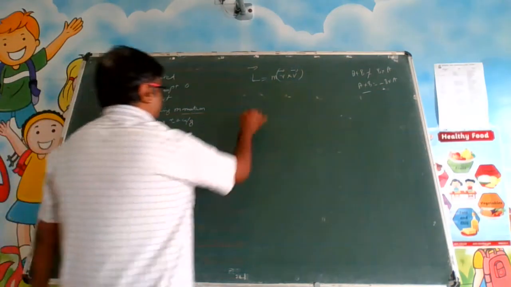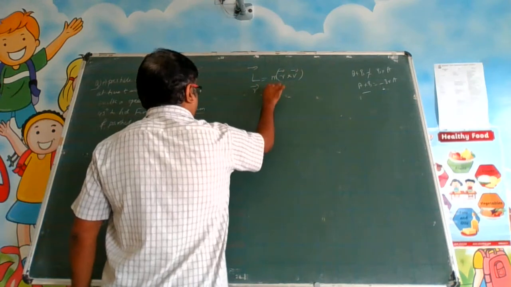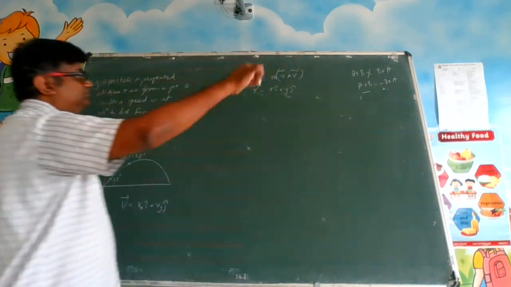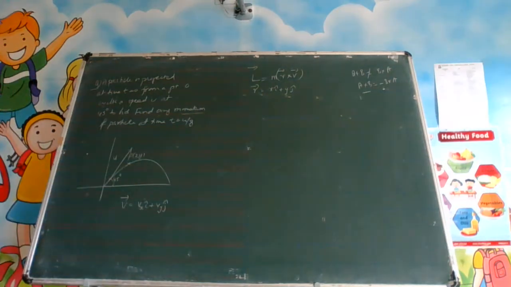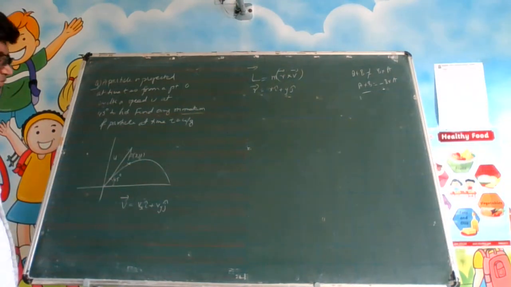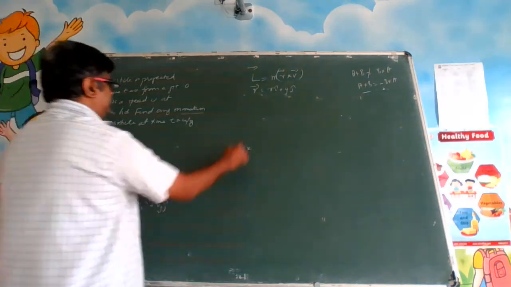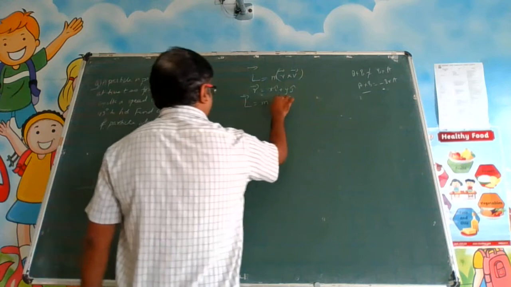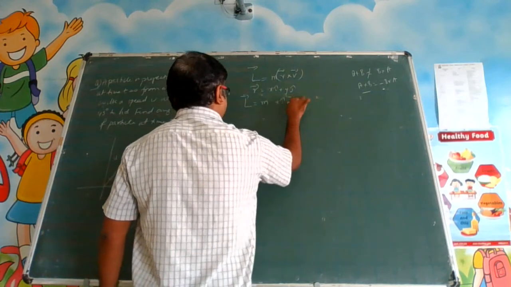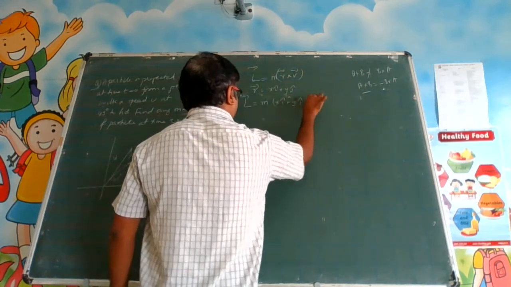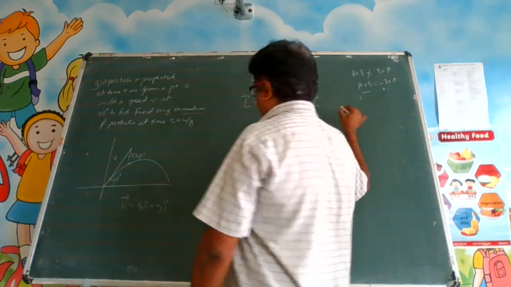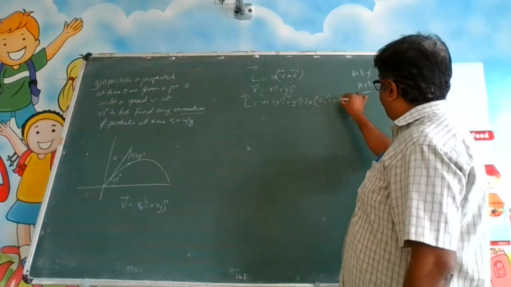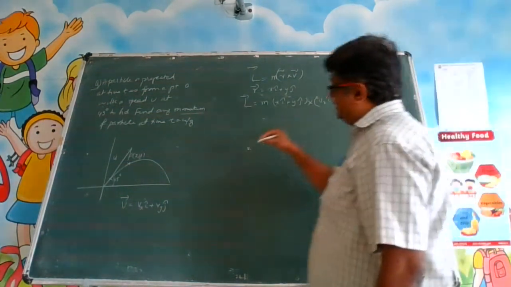The position vector r will be equal to x i cap plus y j cap. You call it hat, you call it cap, whatever. So let us find out the L vector. L vector will be m into (x i plus y j) cross product with the v vector. The v vector is vx i cap plus vy j cap.